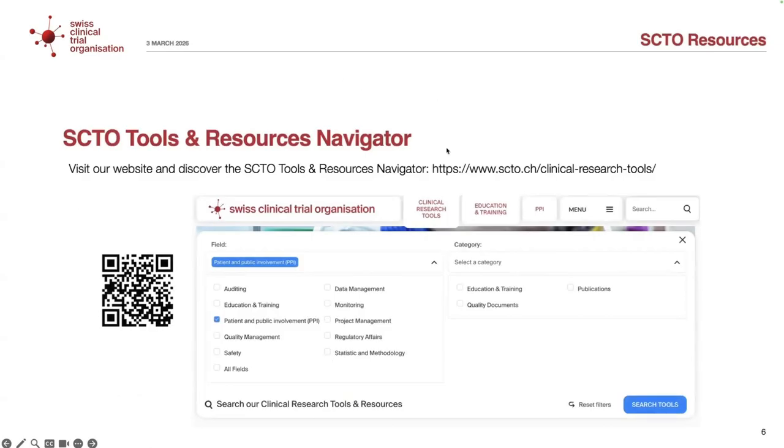These pools of experts have provided, and are still providing, a lot of resources, whether trainings, documents, publication guidelines, or tools. Everything is available on our website, all the outcomes of our platforms that can be helpful to plan and conduct your clinical study.